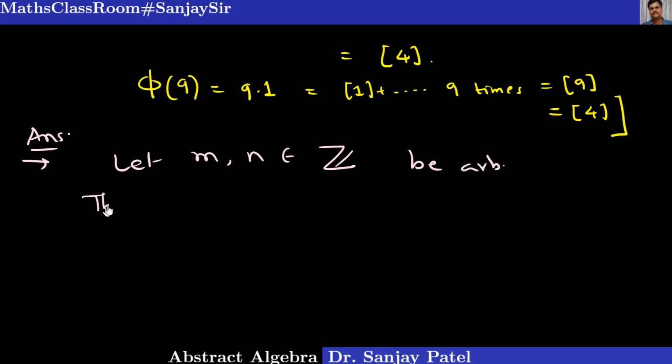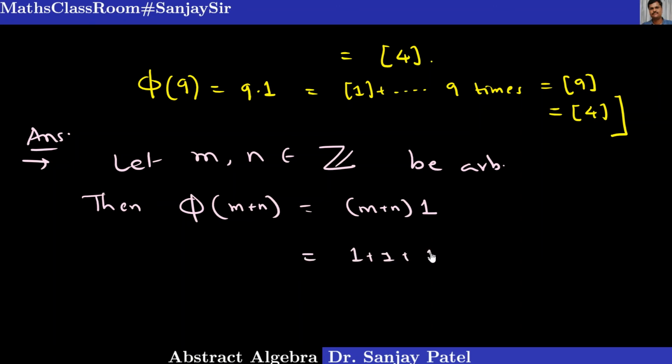Then I can find phi of m plus n as m plus n times 1. So this I can write as 1 plus 1 plus 1, m plus n times.